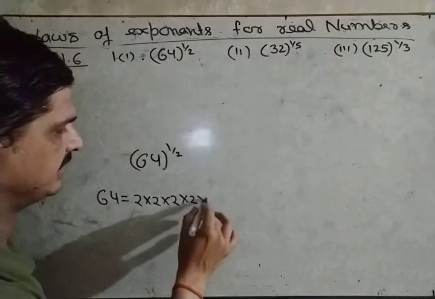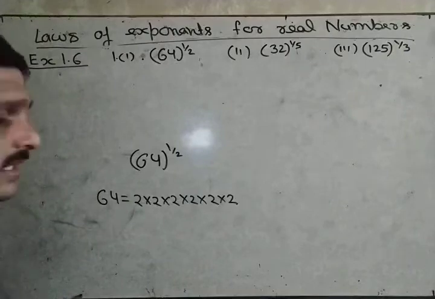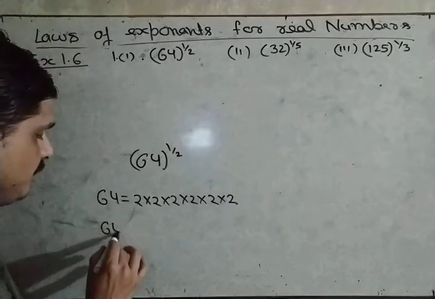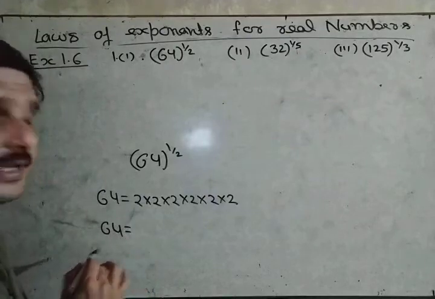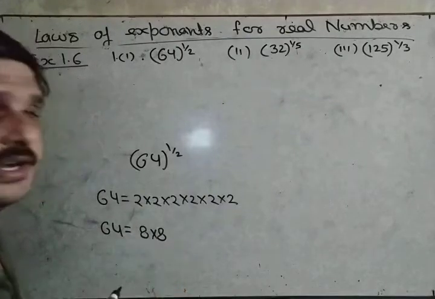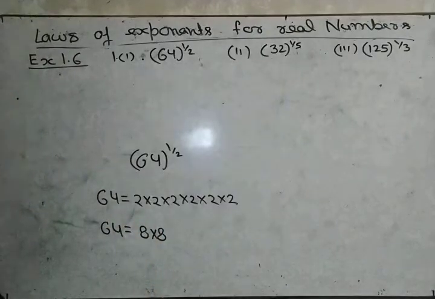Then you will get 6 factors. Some of you can directly break 64 as 8 into 8. It is up to you. So I am solving this question in both ways.